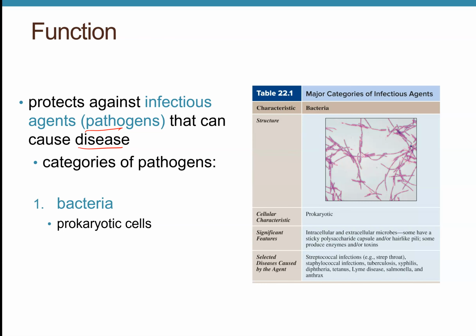So they are cells, they're prokaryotes instead of eukaryotes, and they're very, very small microbes. And there's lots of different species, like I was saying. You see some examples here of different bacterial species that cause different diseases.